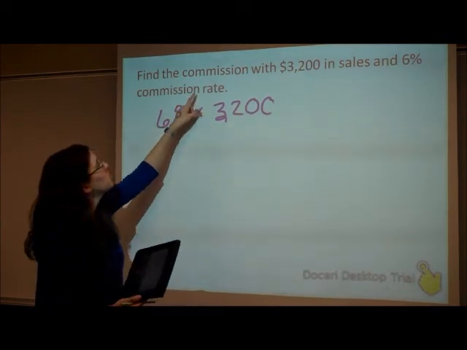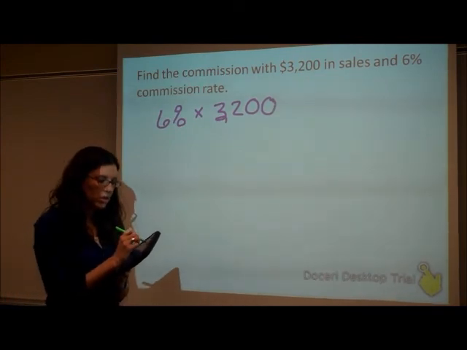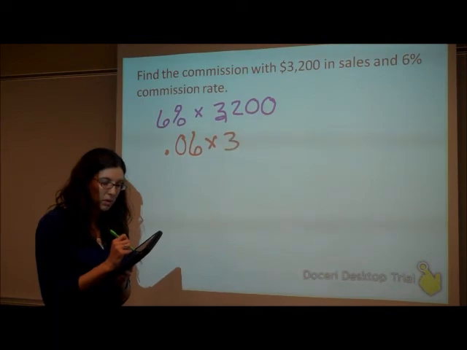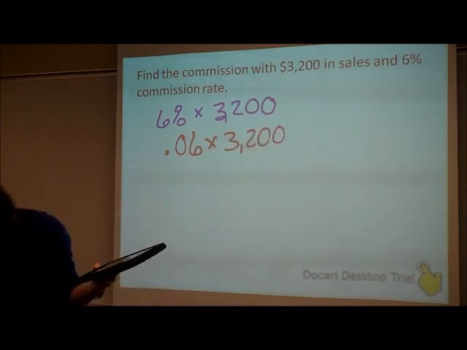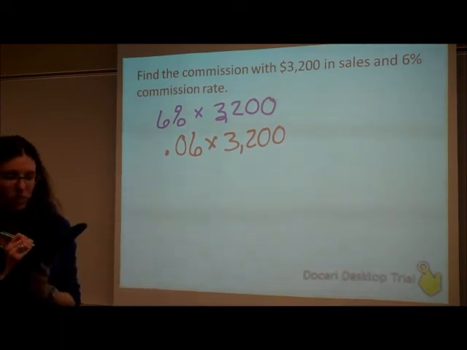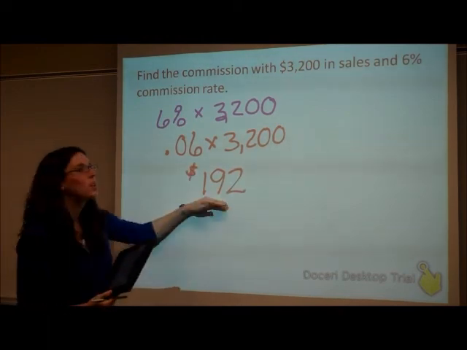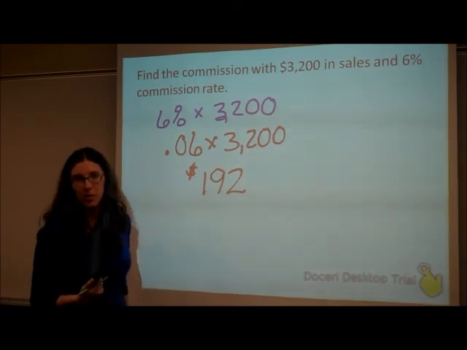We want to find 6% of our sales. So that's going to be 0.06 times my 3,200, which is $192. So they'll get paid $192 just for selling that much for the company.